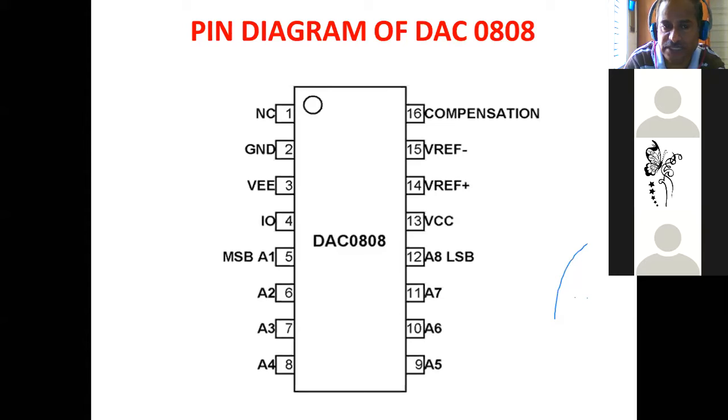But in some cases, we get some current. So to make this current 0, we use pin number 16 for compensation. That's why pin number 16 is called compensation input. We must make it 0 before using the IC.